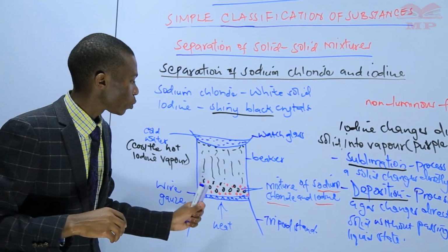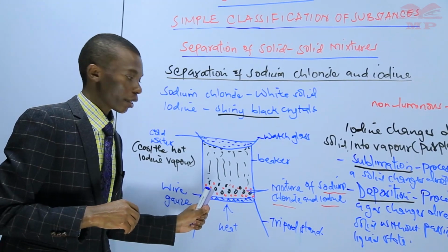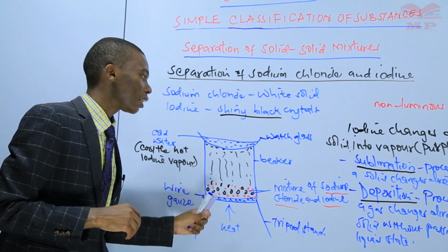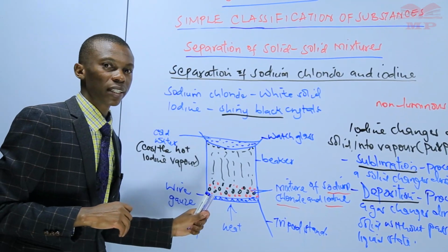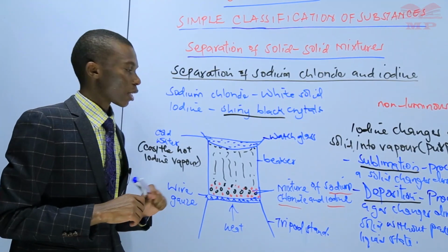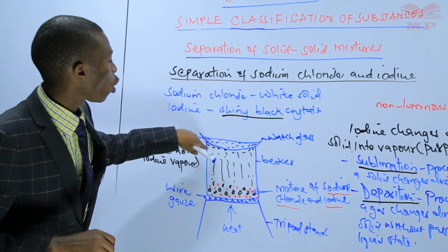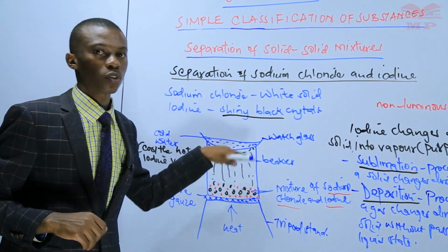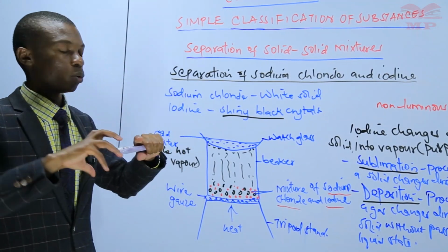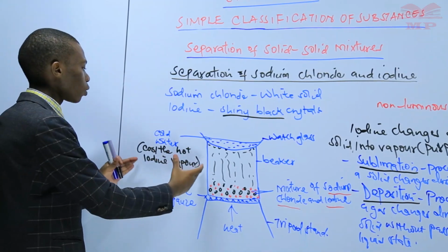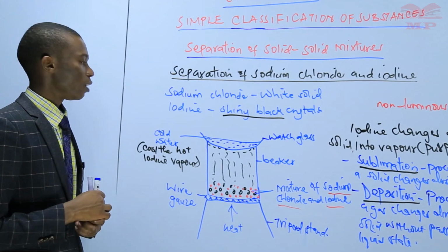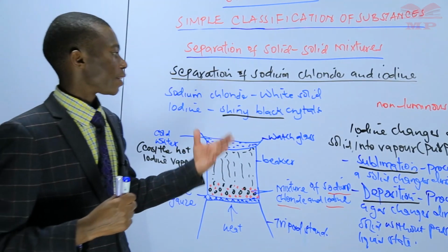When you heated a mixture of the two, the iodine turned directly from a solid to gas. And that gas cooled on the lower surface of the watch glass, which has the cold water. The cold water is just cooling the iodine vapor. And that is the sublimation method.